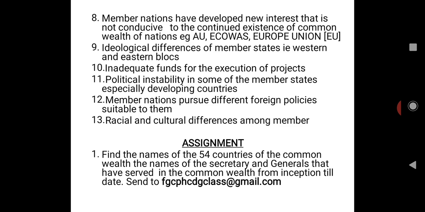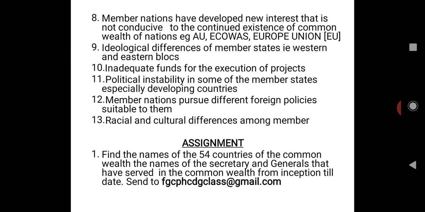There is incessant intervention of the military, and change of government in most countries, especially the developing countries of the Commonwealth. Again, member nations pursue different foreign policies suitable to them. It is a problem.